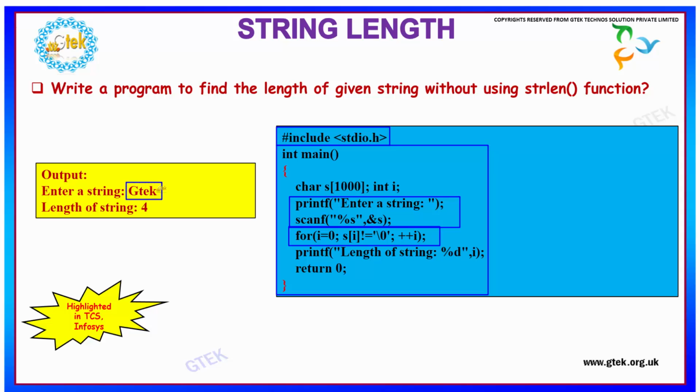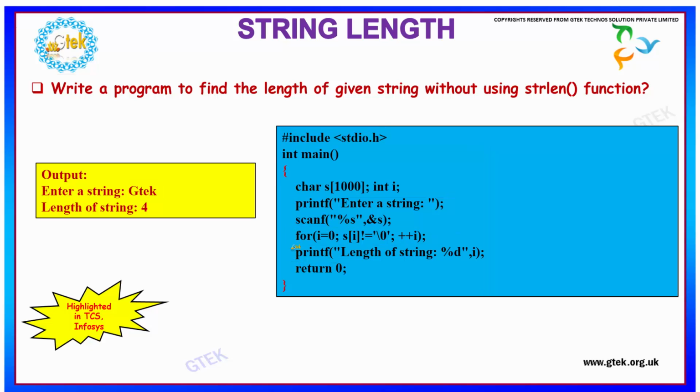So at this position, that is 0, 1, 2 and 3, followed by your fourth position will have a null character. So till our fourth position, that is when your I turns to be 4, you will have a null character. At that point of time in a for loop, the value of I will be 4. So it exits the loop since the condition fails.